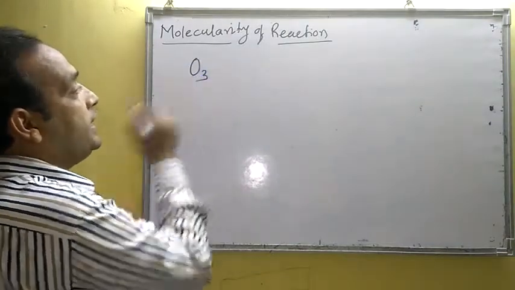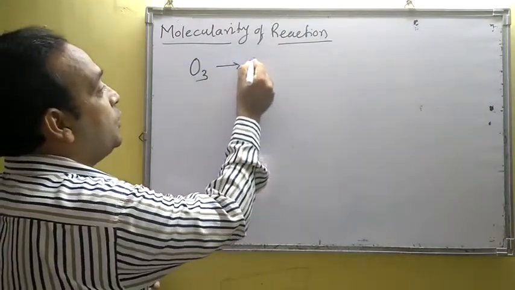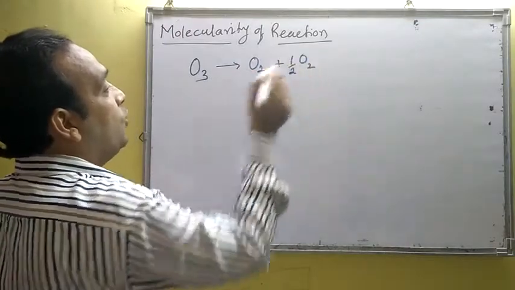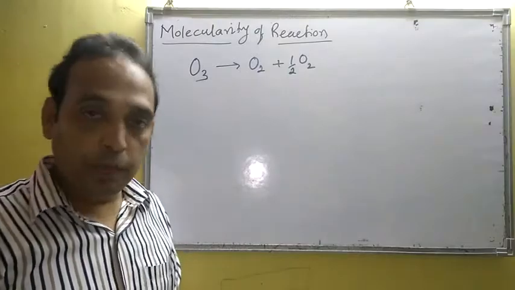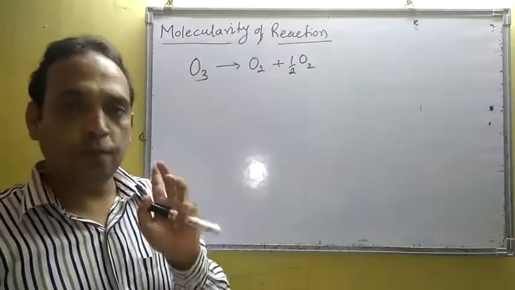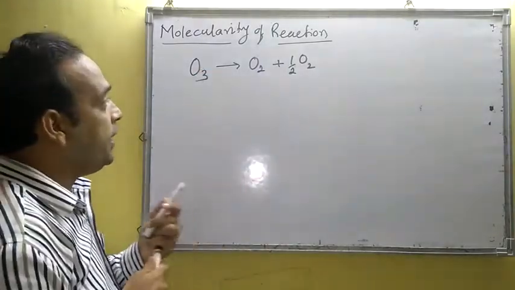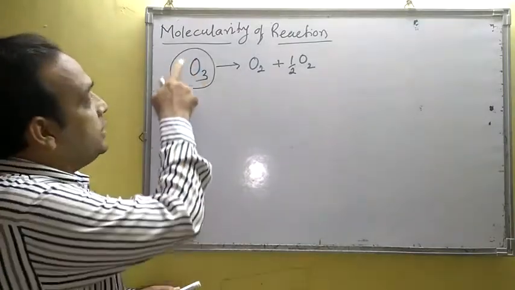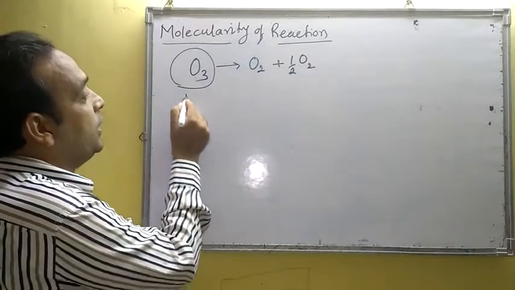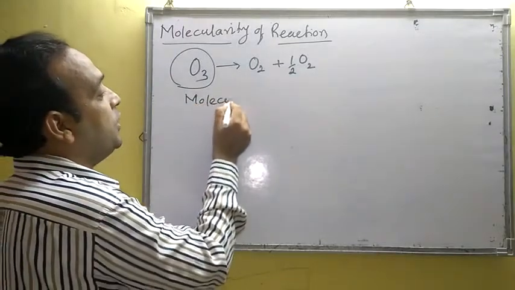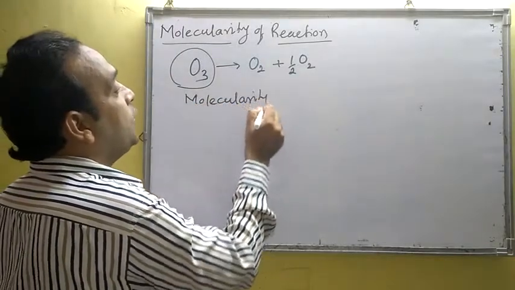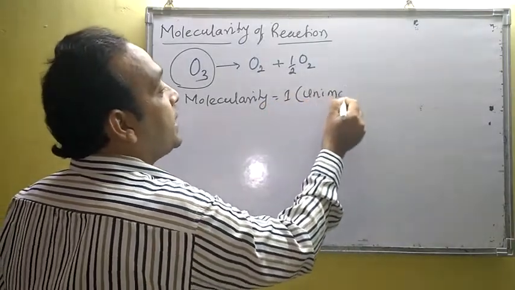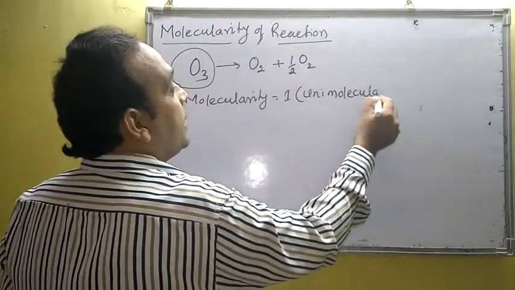Ozone, O3, converts into O2 plus O. Now here, how many ozone molecules are there? 1. So the molecularity of the reaction is 1. It is a unimolecular reaction.